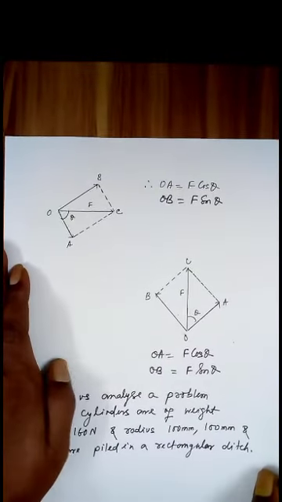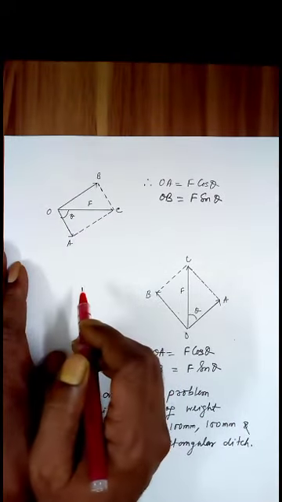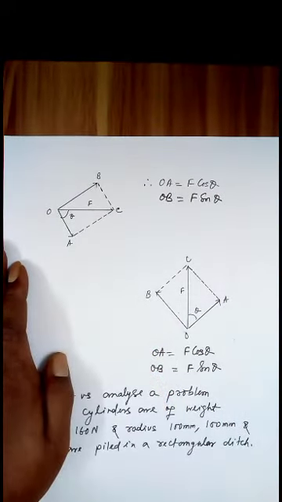Fine. Now, of course, you can split it. If a force is horizontal or a force is vertical, you can still split it. But by splitting, you won't get a horizontal component and a vertical component, but the components will be in different directions.